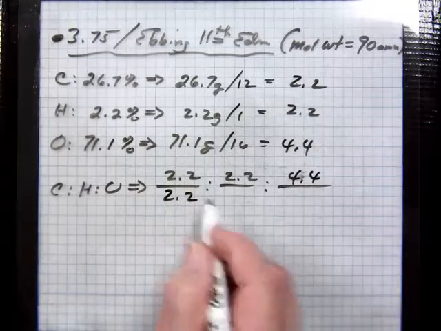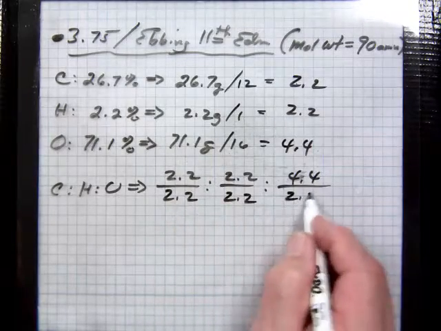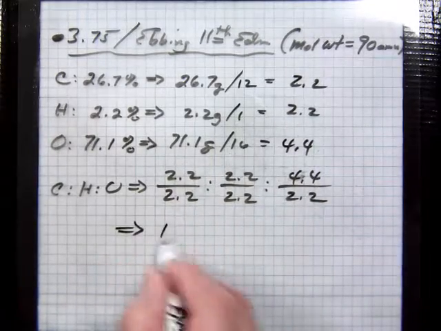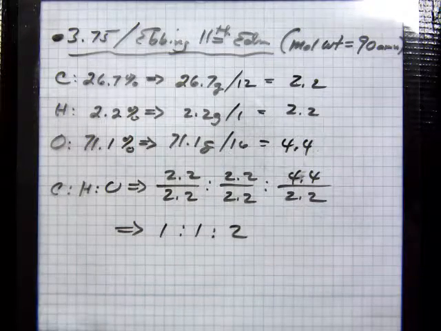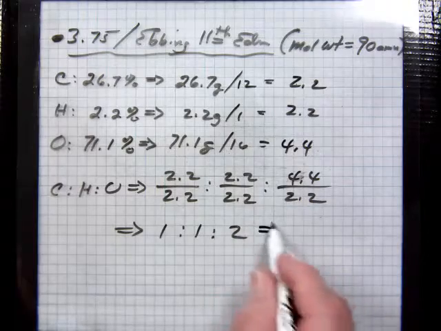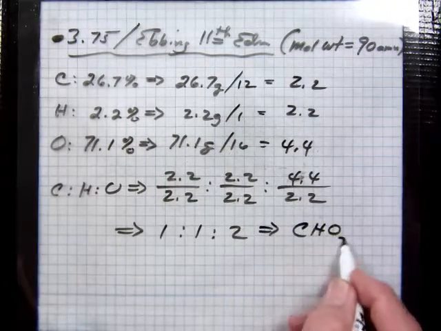And we divide by the smaller of the set. And so that gives you a 1 to 1 to 2 empirical ratio. So this gives you your empirical formula, CHO2.